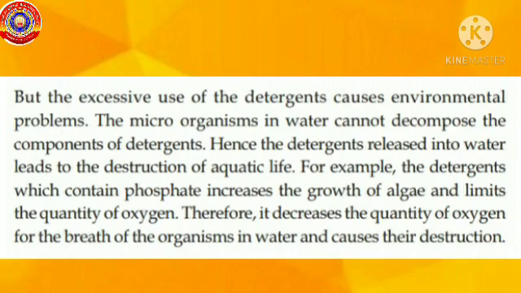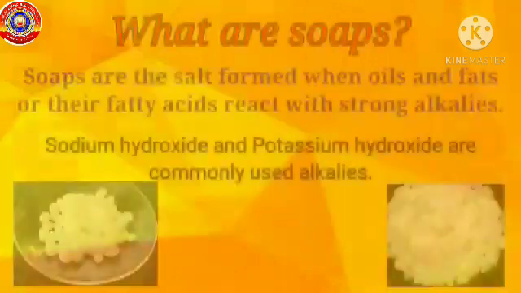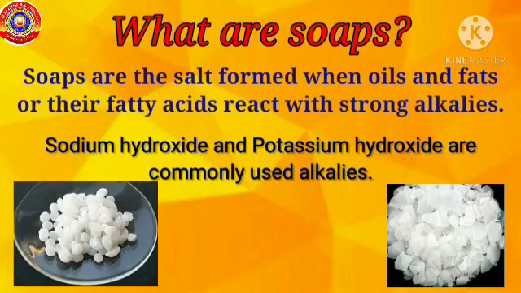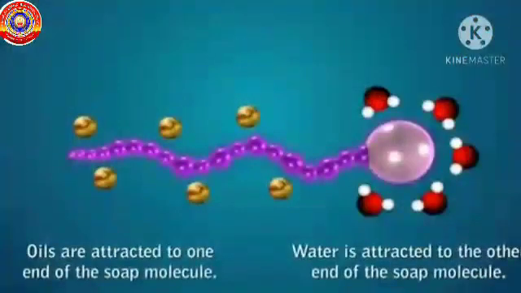Is that clear? So what we discussed in this video is about soaps and detergents. What are soaps? Soaps are the salts formed when oils and fats react with alkalis. Sodium hydroxide and potassium hydroxide are the commonly used alkalis. Structure of a soap molecule.